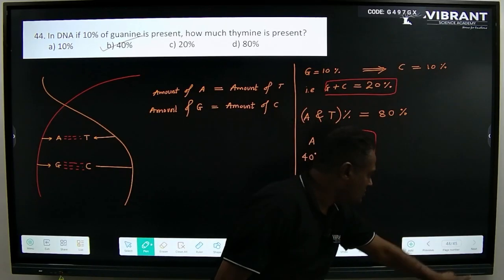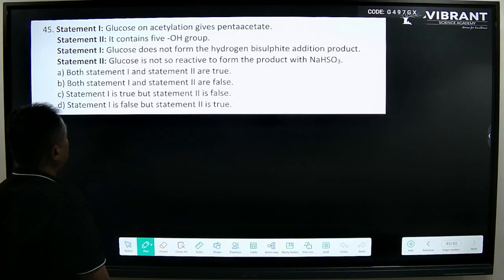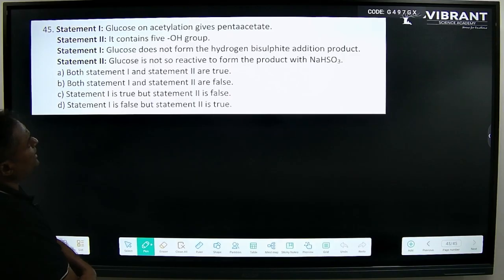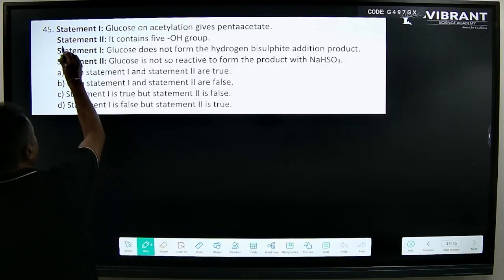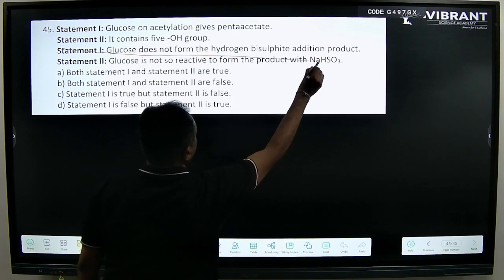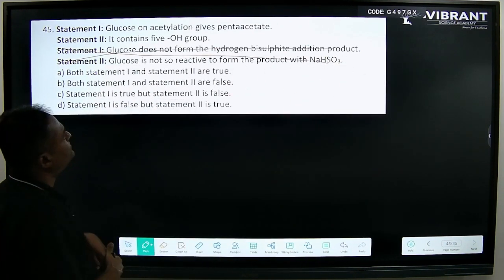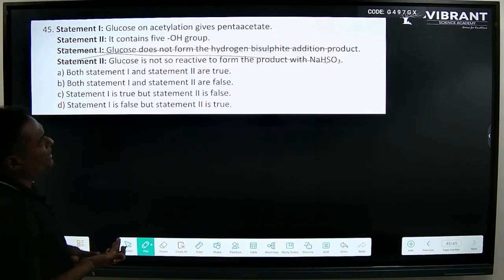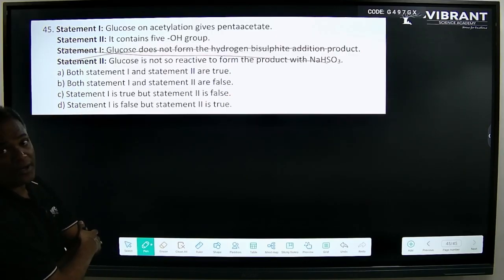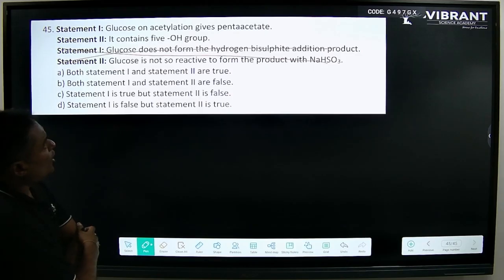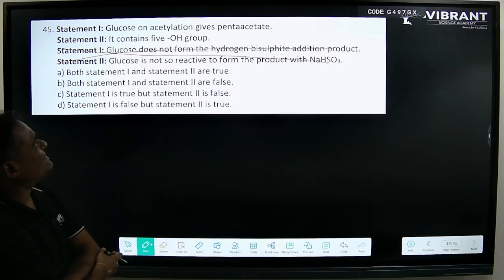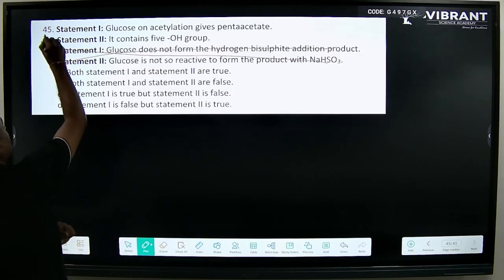Let us take the last question, child. Now, here there are statements given to you, and there is one mistake in this. This is an extra statement which has come. Statement 1: glucose on acetylation gives pentaacetate, and it is a correct statement.